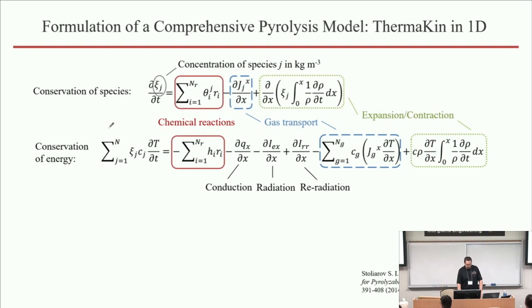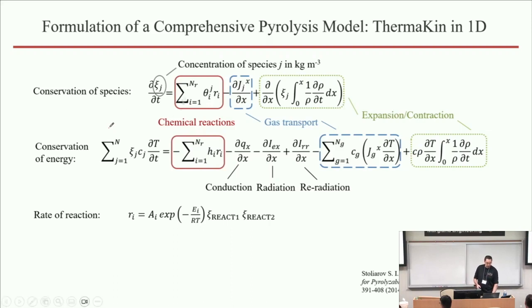Now, if you look at a few more details, reaction rates. Reaction rates inside the solids are typically expressed using the Arrhenius form. So this is your A, the pre-exponential factor, and E, the activation energy. In Thermokin, these reaction expressions are related to the same quantity that is used for the conservation of species, that is, concentrations expressed in kilograms per meter cubed.